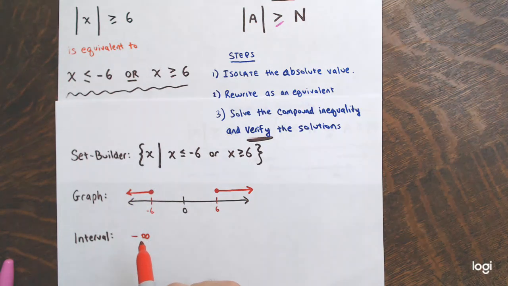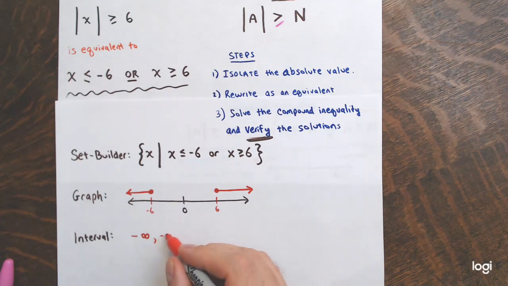So this is not a number. I think I've mentioned this in videos before. Negative infinity, positive infinity, those are not numbers. Those are ideas. All right, then a comma. And then we got all the numbers from the far left all the way up until the right end of this piece, which is at -6.